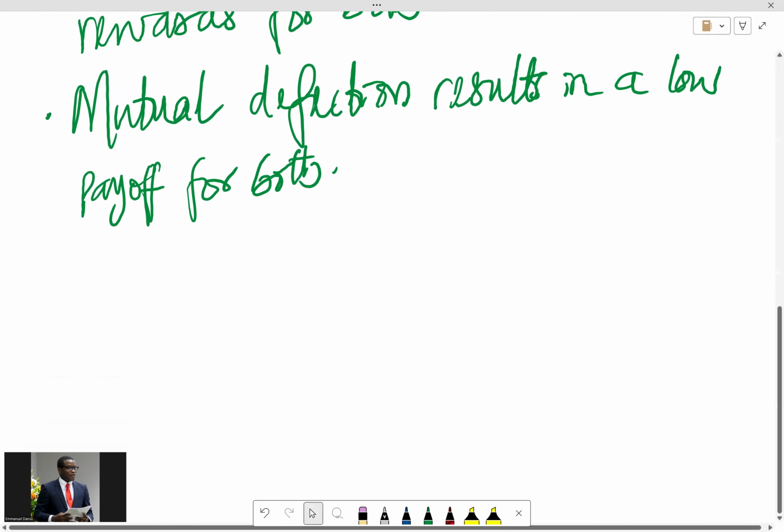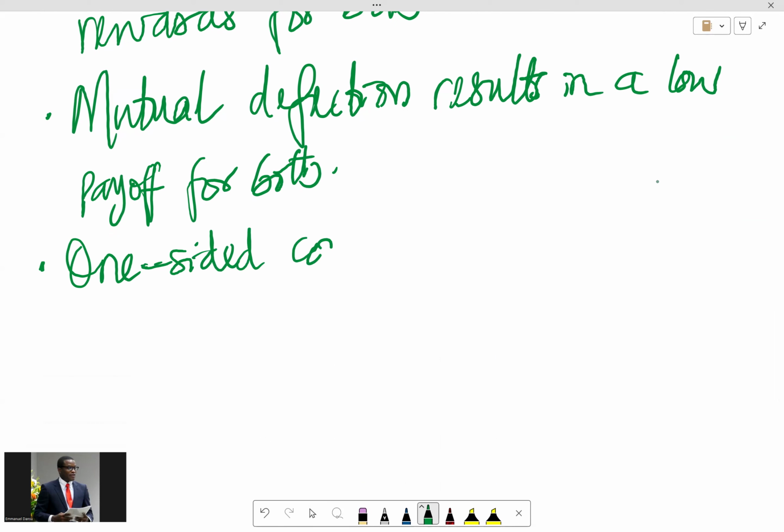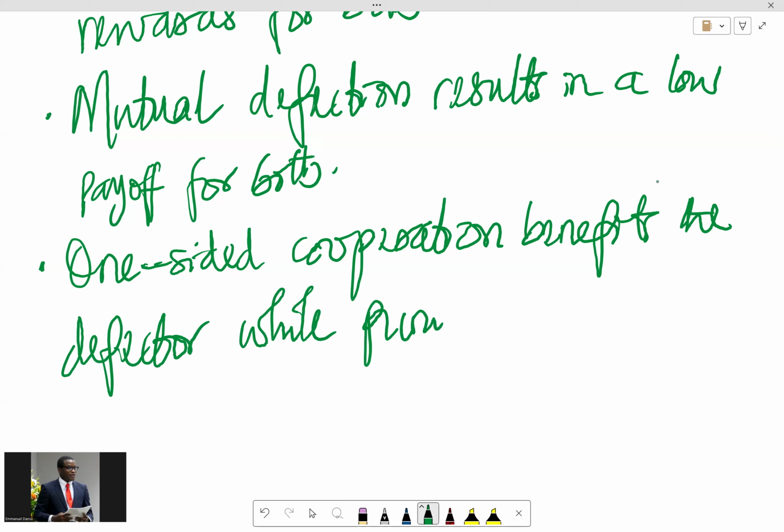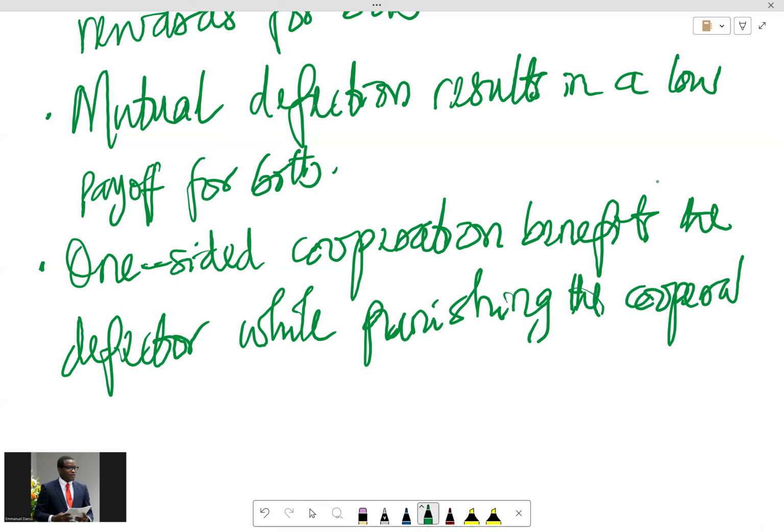And the third scenario is that one-sided cooperation, of course, that will mean one-sided defection. One-sided cooperation benefits the defector while punishing the cooperator. Okay.